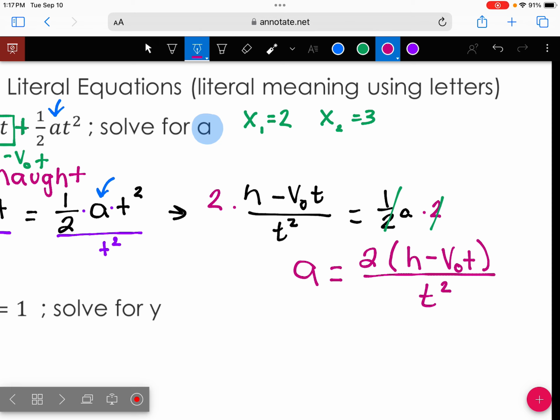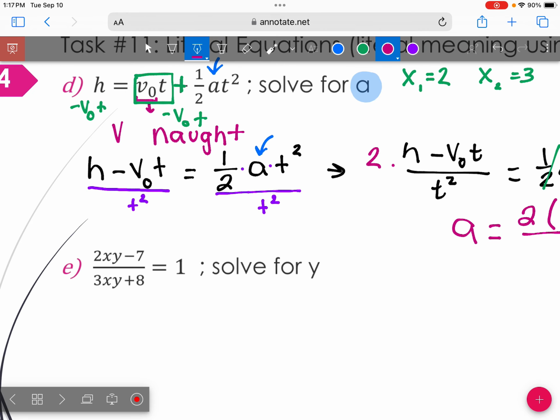Let's look at E. E looks super scary because we have x times y. I've got fractions with x's and y's in them. What do we do to get rid of fractions? Multiply by that. X, y plus 8.